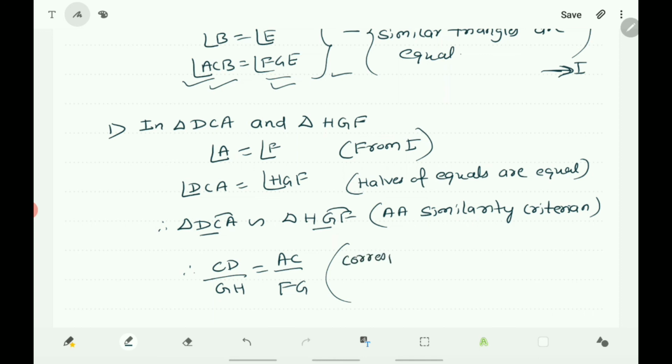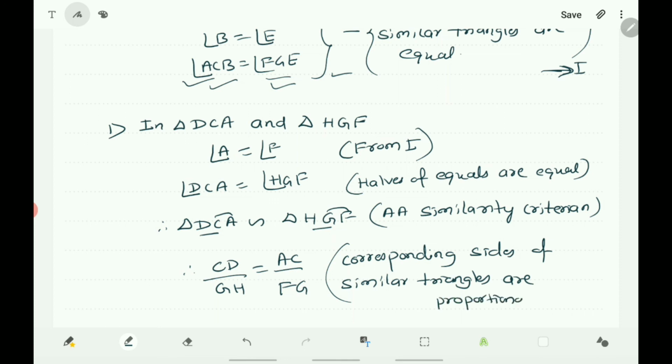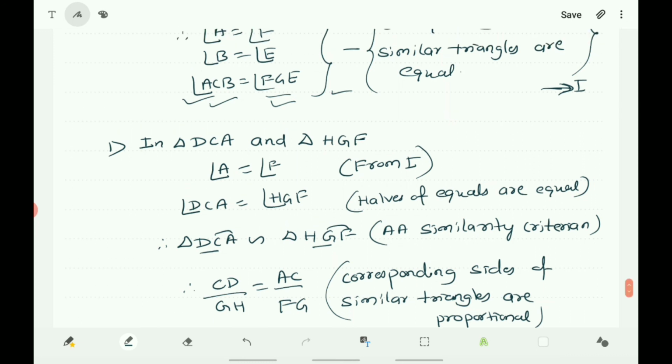Corresponding sides of similar triangles are proportional. So you got the first one here.